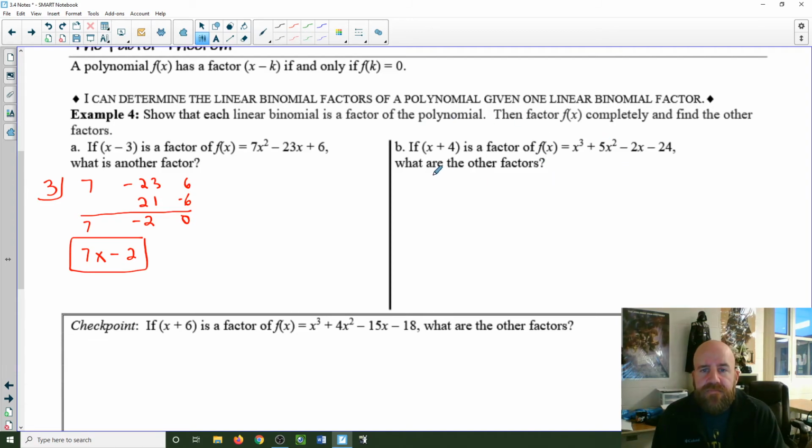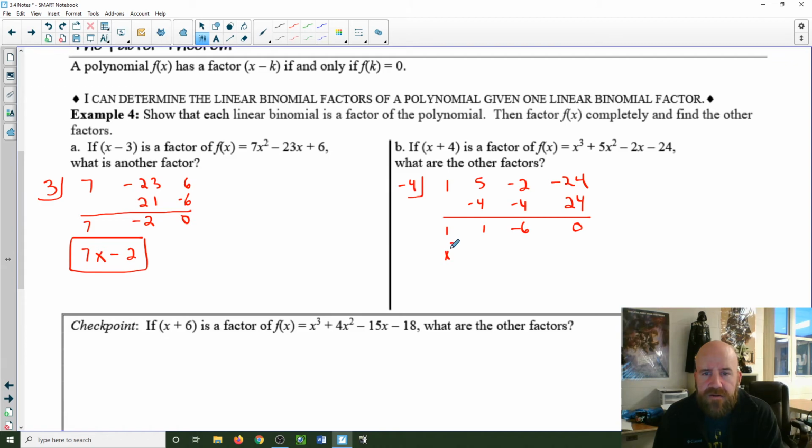Let's do this one, because this is going to be a little bit different here. So negative 4, we have a 1, a 5, negative 2, and a negative 24. One drops down, we have negative 4 there, 1, negative 4, negative 6, and 24. So we do get a 0 remainder. So it means it's a factor of that polynomial.